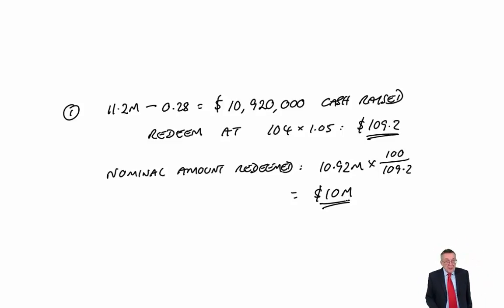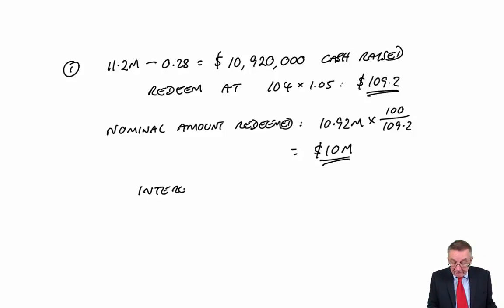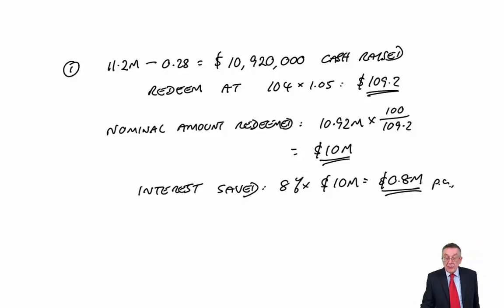So that's the nominal amount of loan notes that we redeem. And how much interest will we save? Well, they're 8% loan notes, so it's 8% on nominal. So the interest saved, 8% of 10 million is 0.8 million. That's how much interest we'll save per annum.